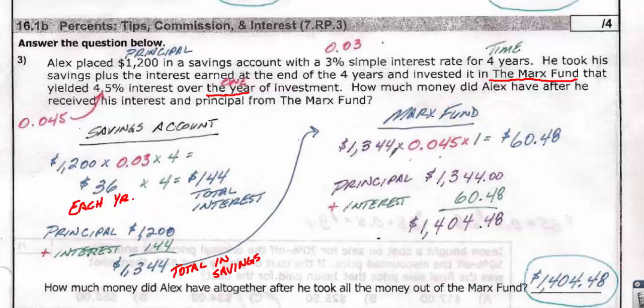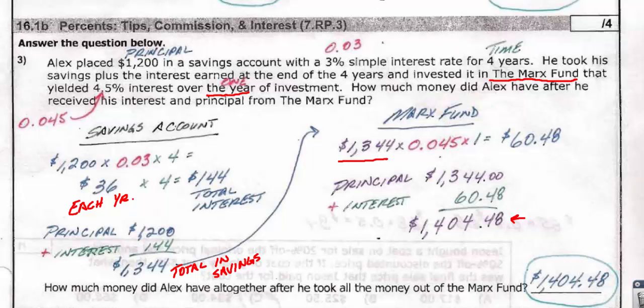There's the principal he started with. Remember, the principal restarts when he moved it from savings to Marks Fund. So principal, $1,344, plus the $60.48. He ends up with a total of $1,404.48.